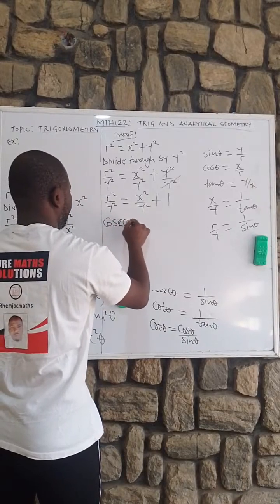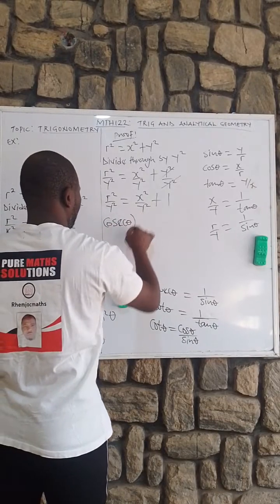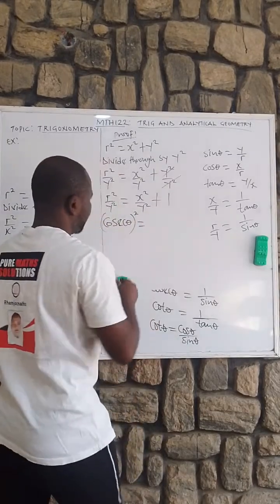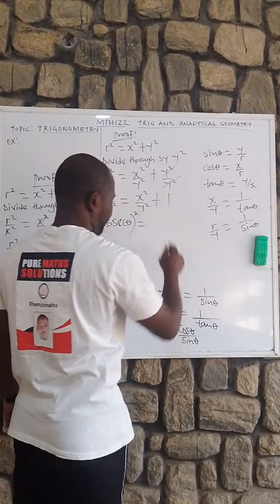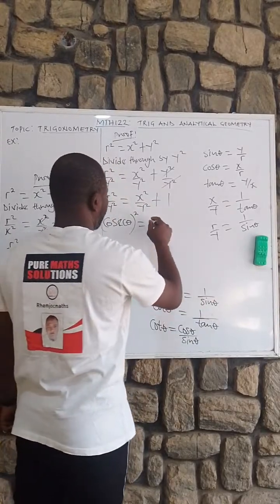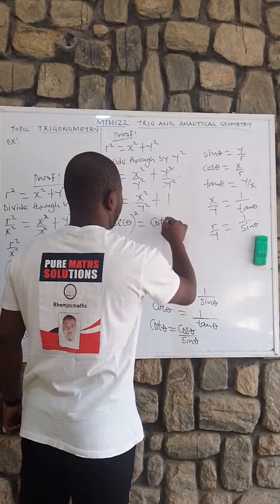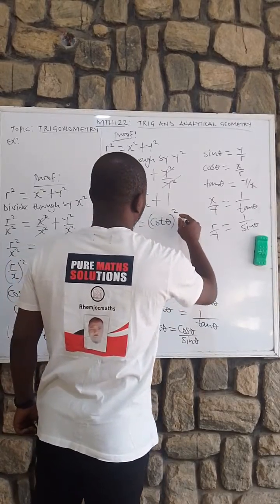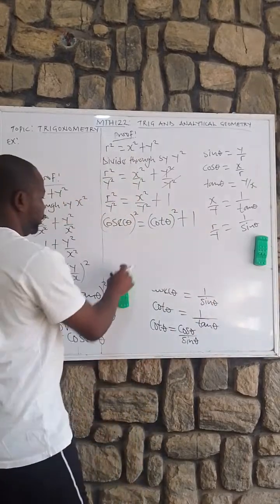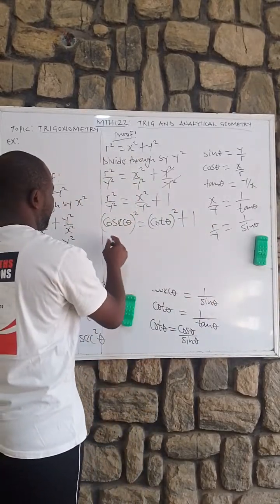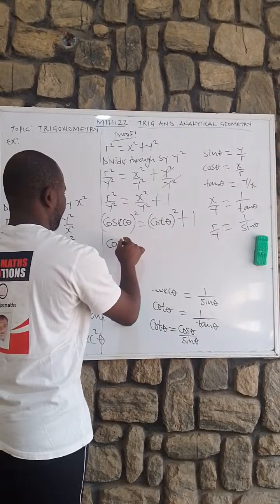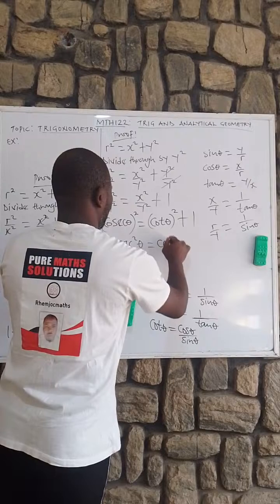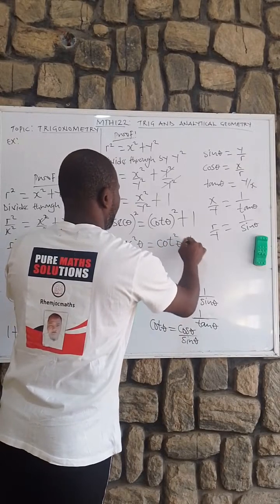(Cosec theta) all in square equals to (cot theta) all in square, then plus 1. So far so good. This is the same as cosec square theta is equals to cot square theta plus 1.